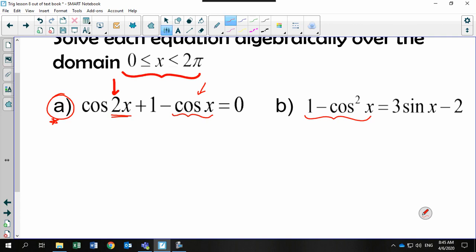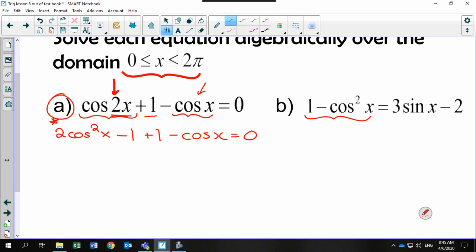So I want to write this first equation in cos. So what I'm going to replace this with is the one that just has cos in it: 2 cos squared x minus 1. I still have this plus 1, and then I still have a minus cos of x. Don't forget to make it equal to 0.